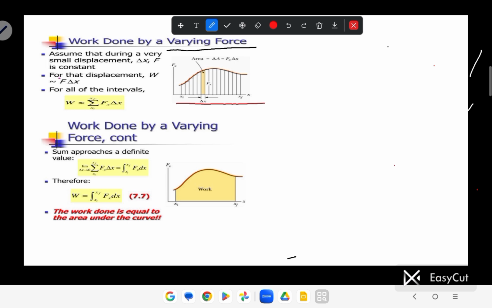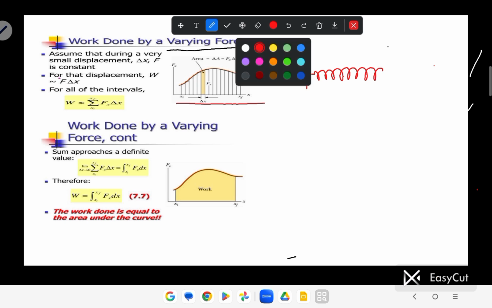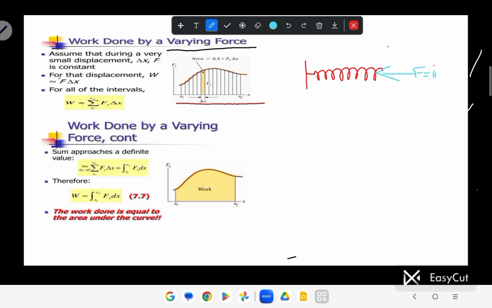If the graph is a straight line, the work done equals the area of the geometric shape, whatever it is. Like if force increases linearly from 0 to F, suppose we have a spring like this, and you applied a force in the opposite direction, let's say 1 Newton.